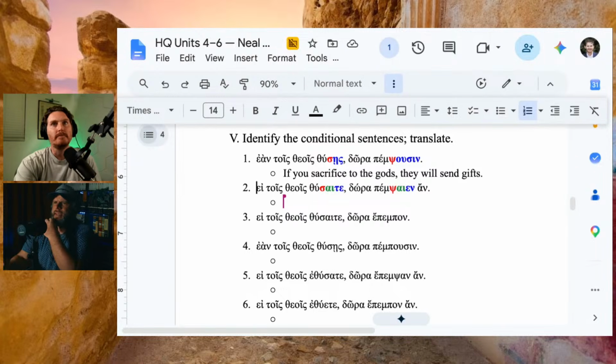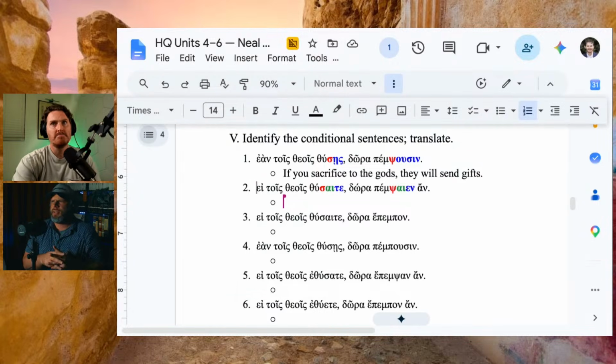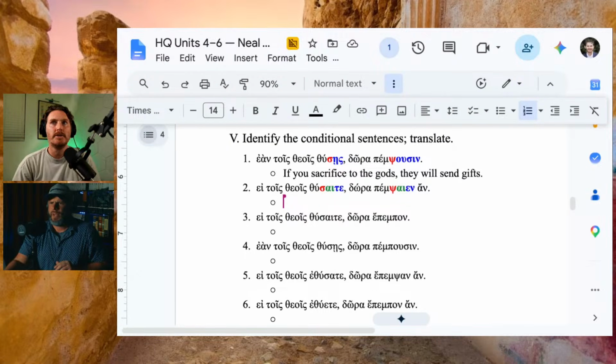So we have ei plus optative on the protasis side, and the apodosis is optative plus an. Which condition? Future less vivid. Now you can translate it because you've identified it.